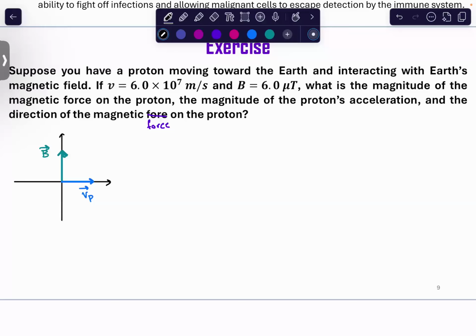So we know that this direction is down. Which way is B going? What do we mean by up in this case? Which way do the magnetic field lines of the Earth run? Well, we'll get there.